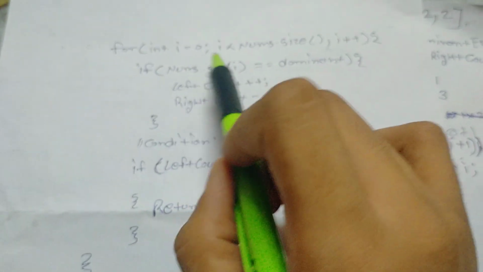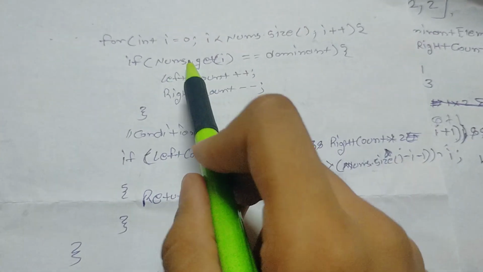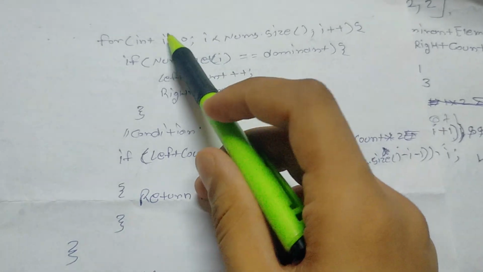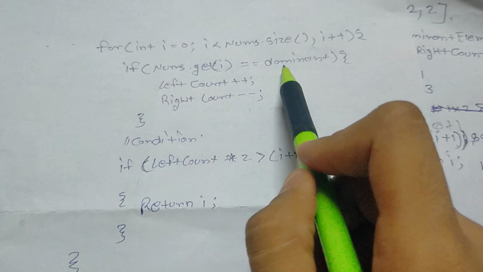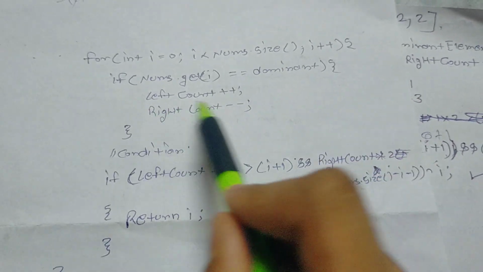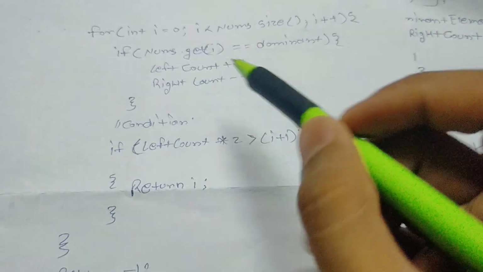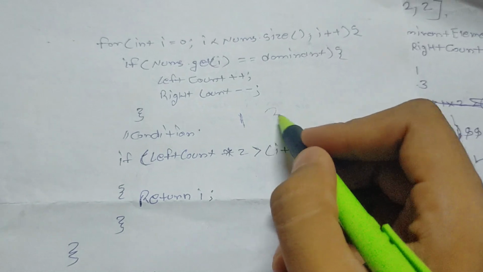We start from 0 to num size with i plus plus, and if the current element is equal to the dominant element, left count plus plus and right count minus minus. So left count becomes 1 and right count becomes 3.